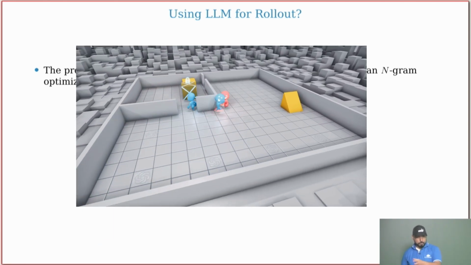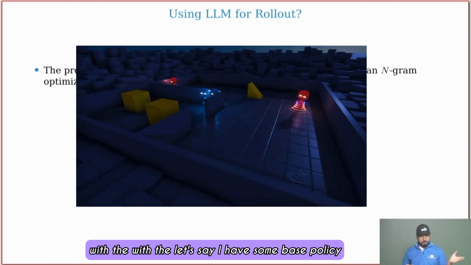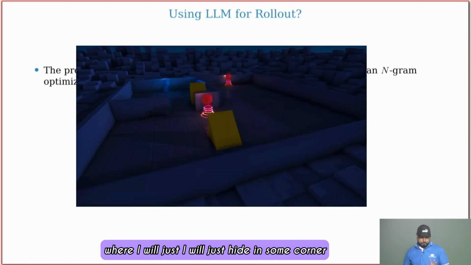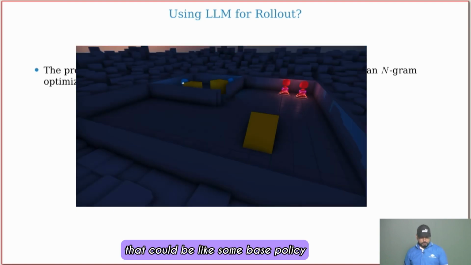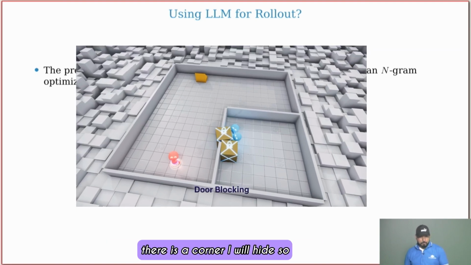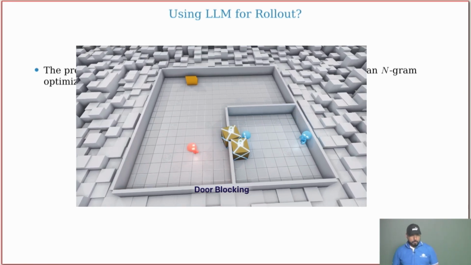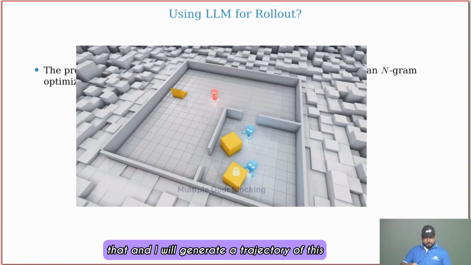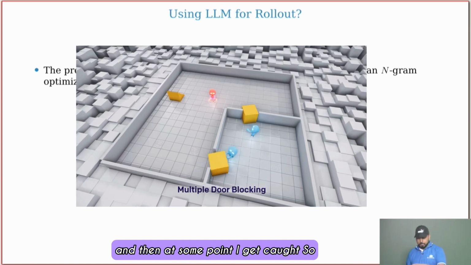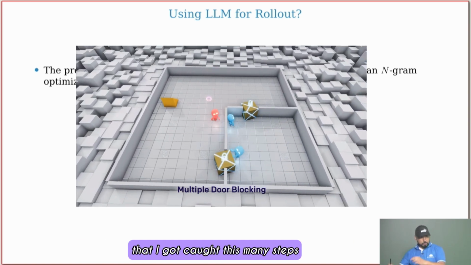I can have some base policy where I will just hide in some corner, the nearest corner. That may not be a good policy. I generate a trajectory of this, and then at some point I get caught.